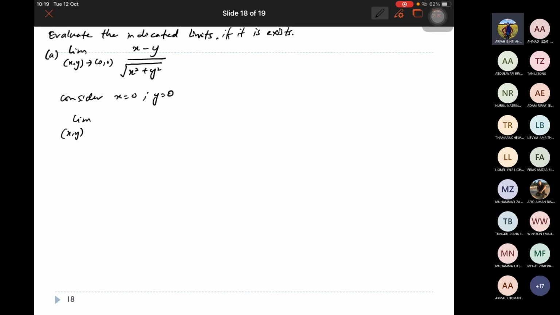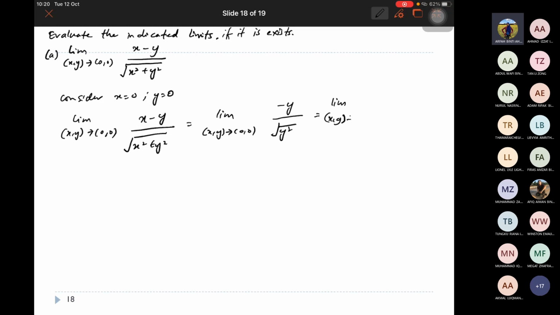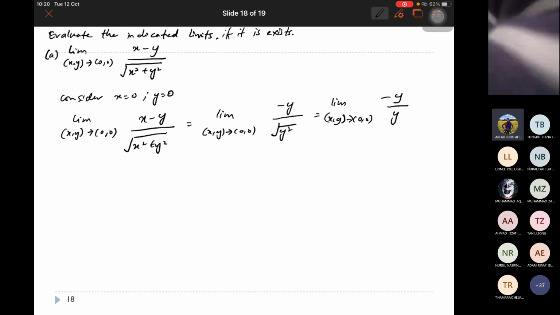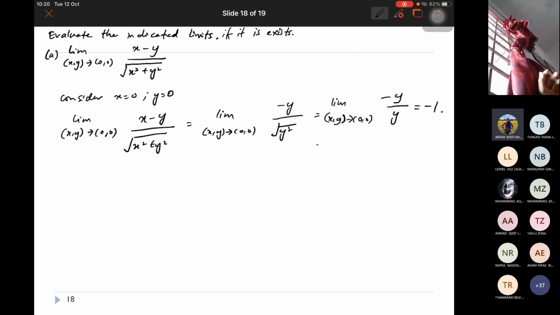So the limit of XY approaches 0, X minus Y over square root of X squared plus Y squared akan sama dengan the limit of X, Y approaches 0, negative Y over square root of Y squared. So you will have limit of X, Y approaches 0, negative Y per Y. So akan dapat sama dengan negatif 1.